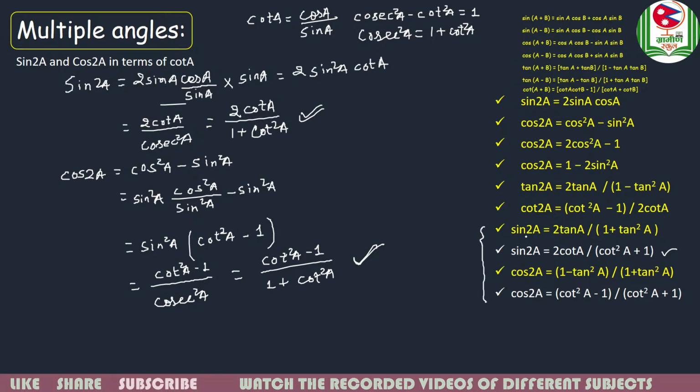Here what we have done in sin 2A, we can see that there is 2 tan A upon 1 plus tan square A. But in terms of cot A, it is 2 cot A divided by cot square A plus 1.